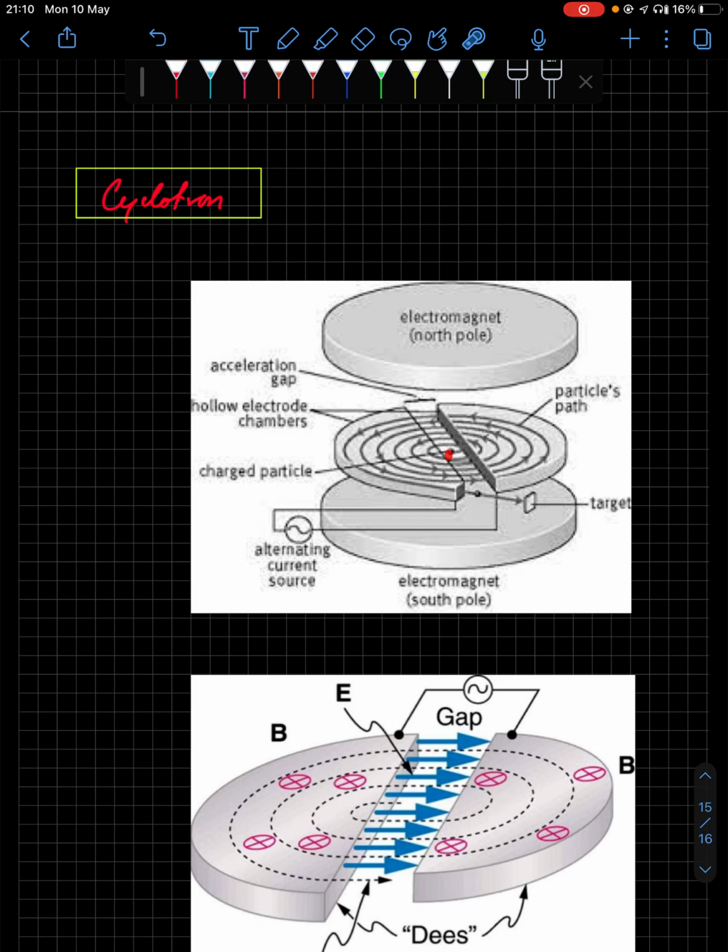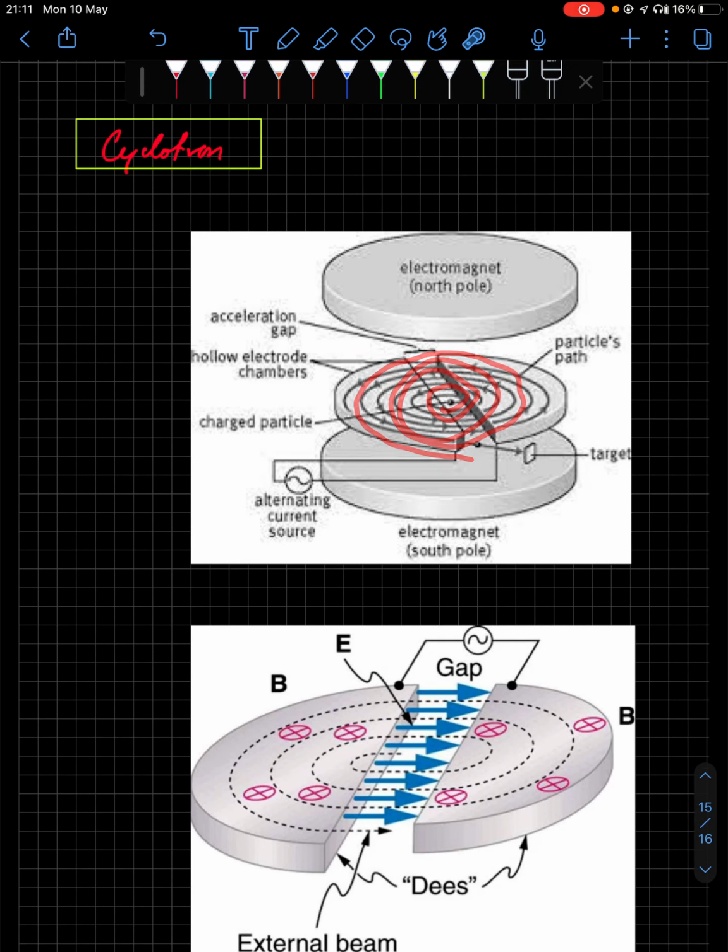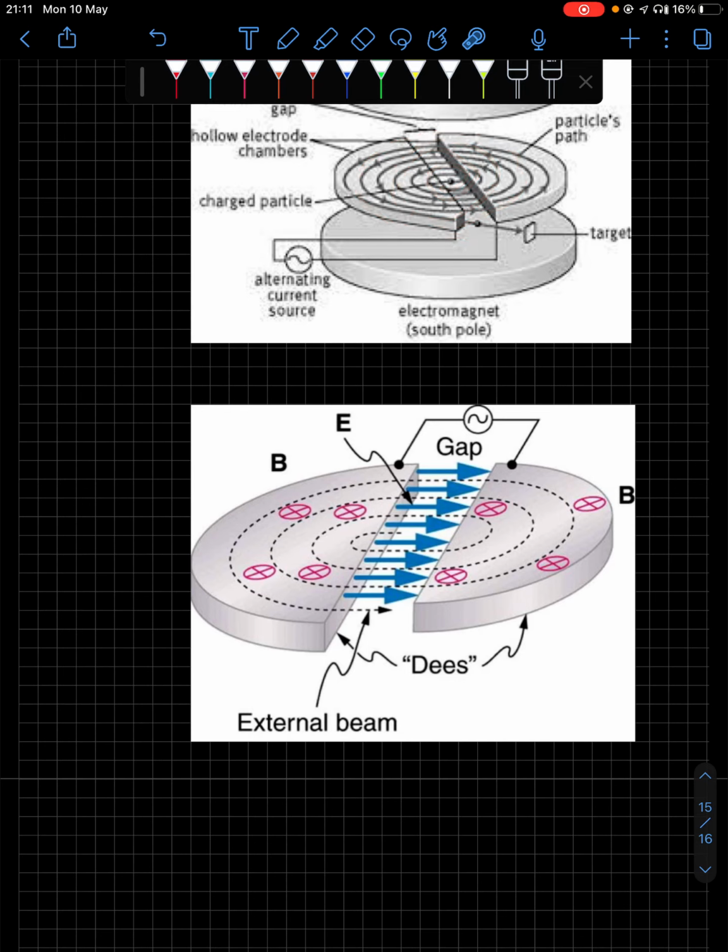At the center you have a charged particle. This charged particle will be given a linear motion initially, and because of the perpendicular magnetic field it will start describing a circular path. Finally, when it comes out through the window, it has tremendous velocity or speed and kinetic energy.